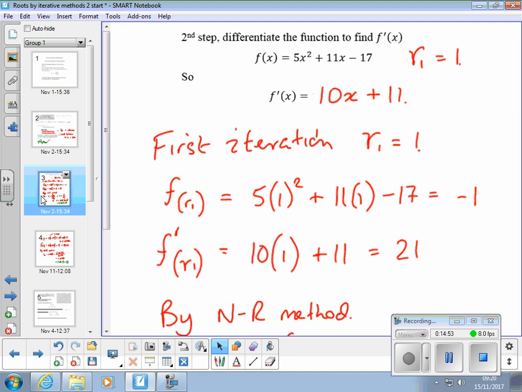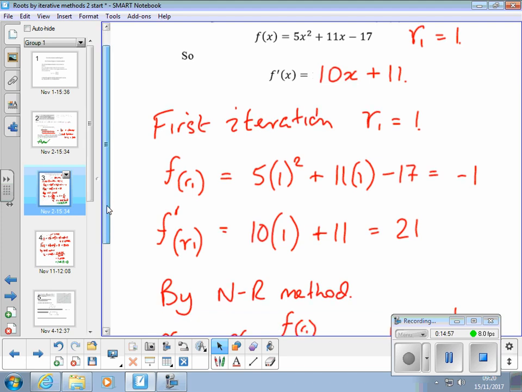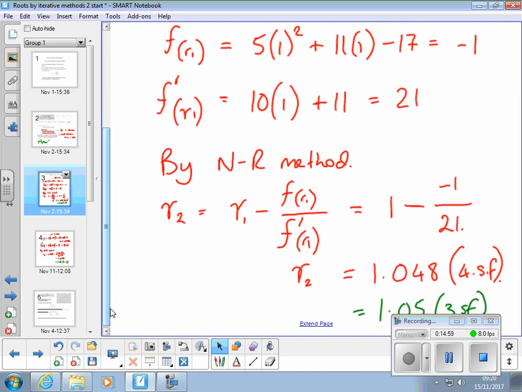Find the value of the function and of the differential at that initial guess, and then use the Newton-Raphson formula to come up with a new guess that's got more significant figures than we need in the end, which we then round to our next guess of the root, 1.05, 3 significant figures.